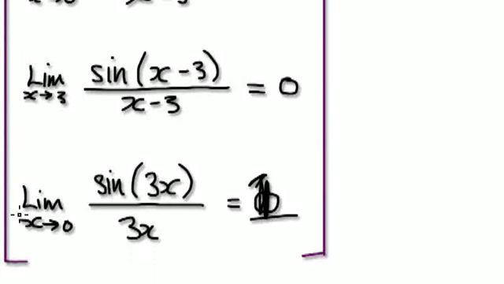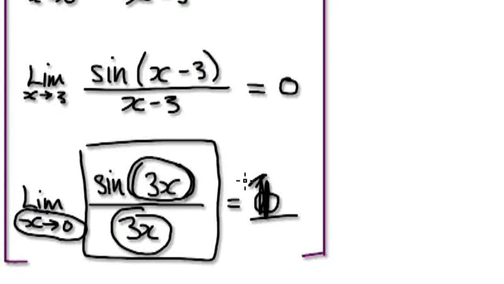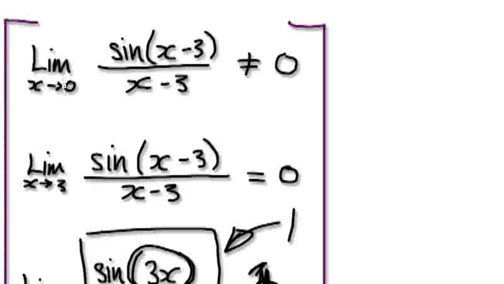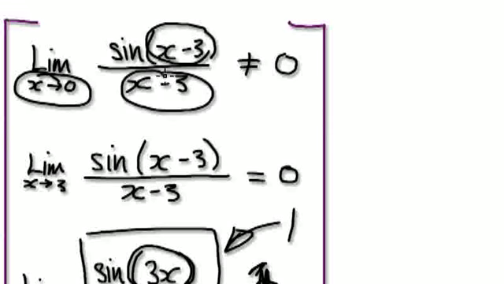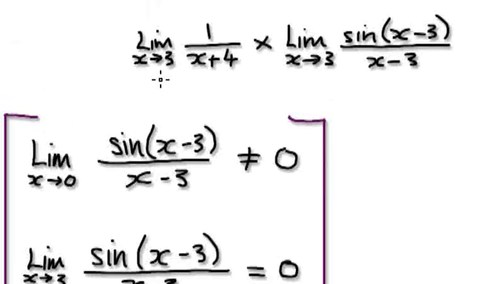Okay. You see here, x is heading towards 0, but then the bubble is also heading towards 0. So you can say that the limit here is 1. Up here, even though this is heading towards 0, the bubble itself is not actually heading towards 0. Okay. Well, anyway, back to our example.